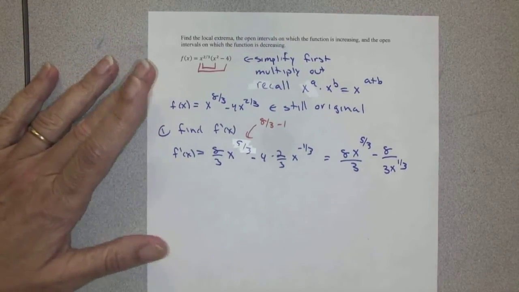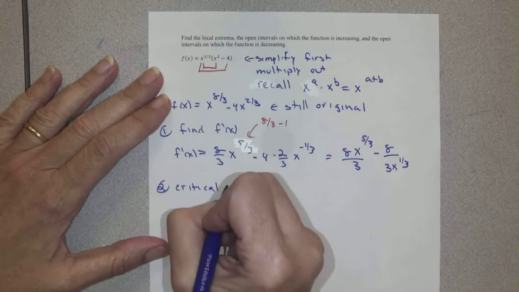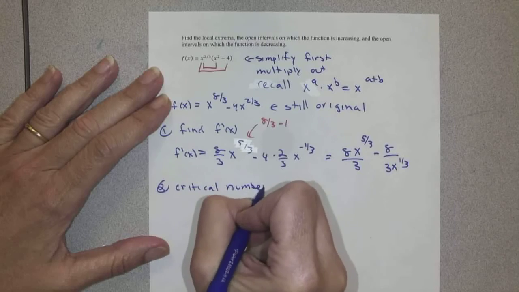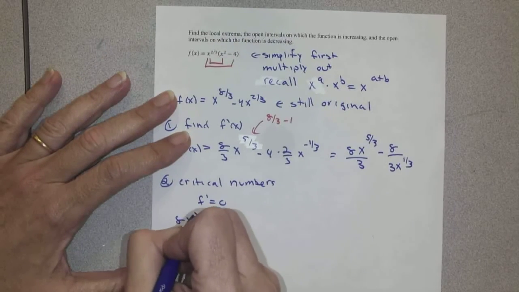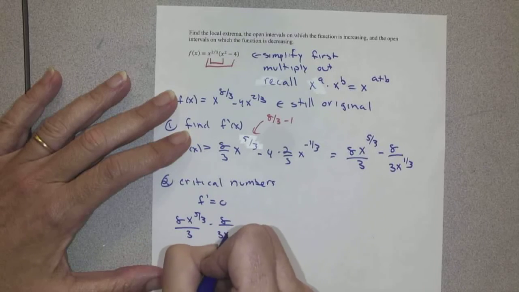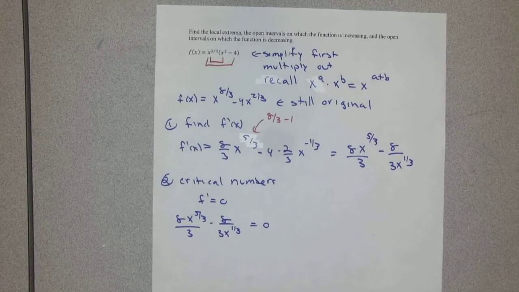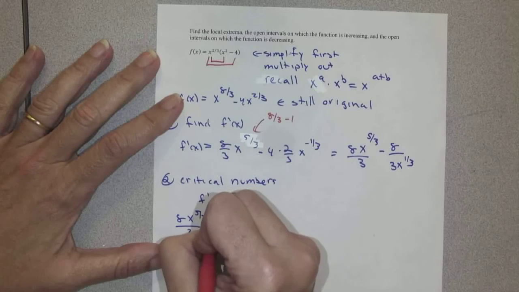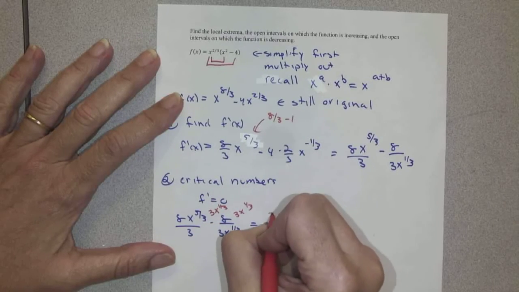Okay, critical numbers. Set the derivative equal to 0. Clear the fractions. Equations with fractions, clear the fractions. So I multiply everybody by 3x to the 1/3.